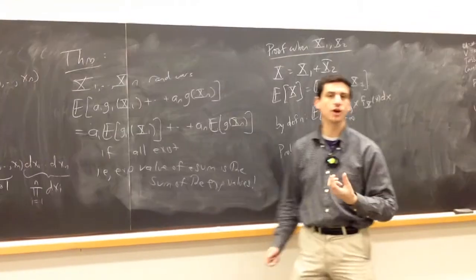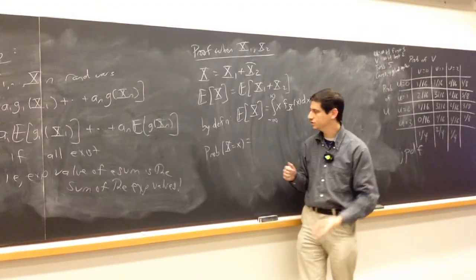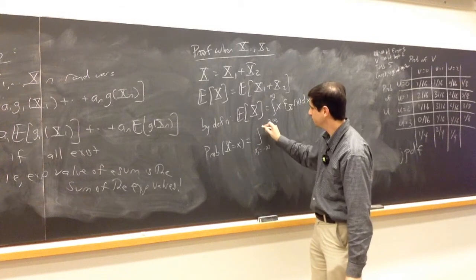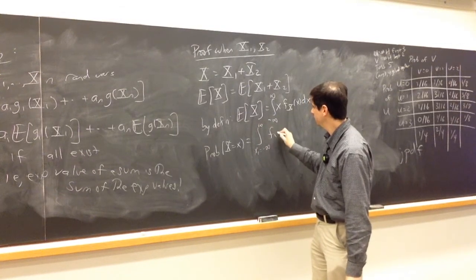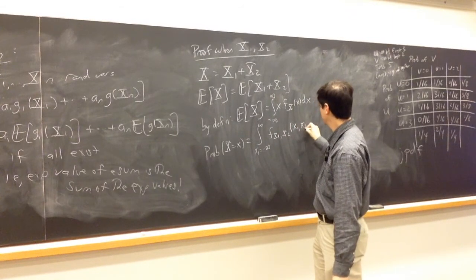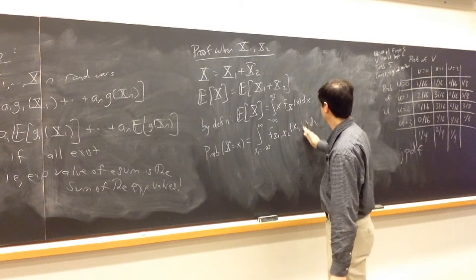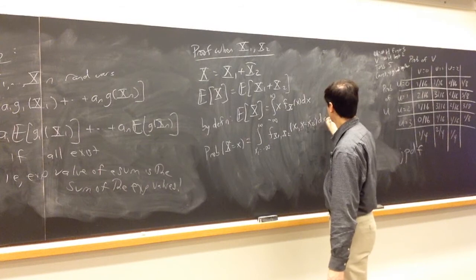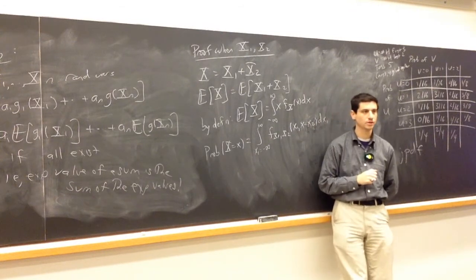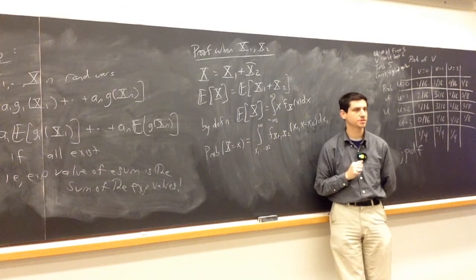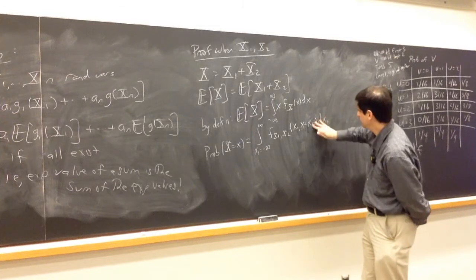And if you've read ahead to convolutions, you'll see that this is very close to a convolution. So I now integrate over all possible values of x1. And then I would get f of x1, x minus x1, dx1. On the board it should be x minus x1. Yes, thank you. This will give me the probability that my sum equals x.